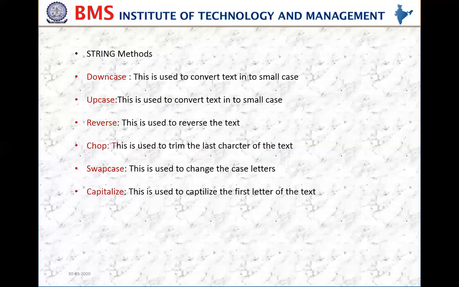If there is a small a, it will be converted into capital A. Now, capitalize is another method which is used to capitalize the first letter of the text. Suppose we have a text in small case letters like mouse, where the letter m is small case. If we use this capitalize method, then M will be capital.